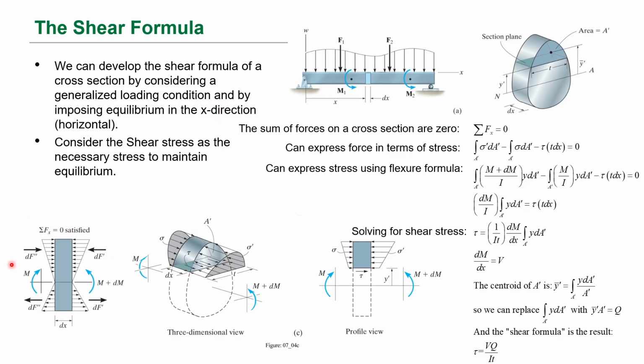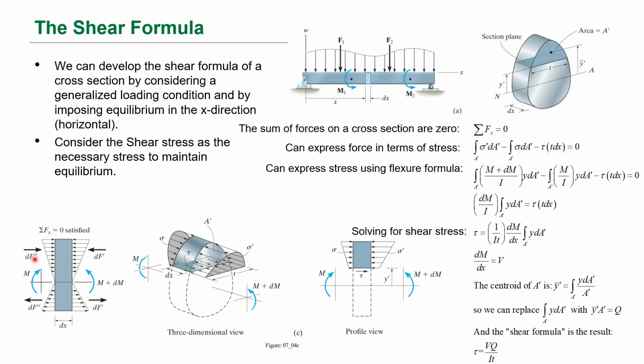If we look at a cross section here, this is our neutral axis. We have these loads on each side. We have these moments: on the left side, we have some applied moment. On the right side, we have some applied moment plus this differential increase or decrease in moment.